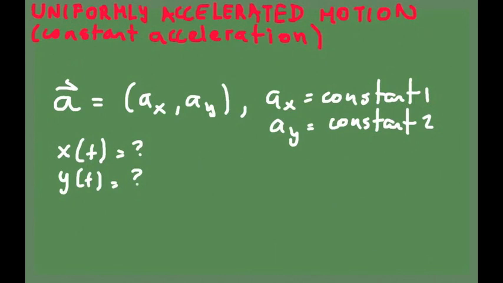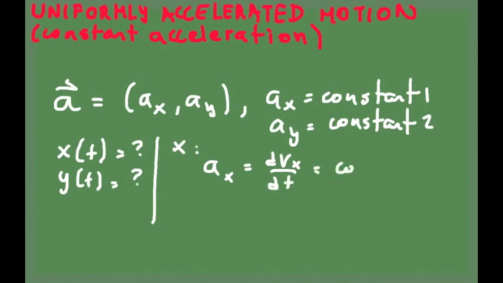They don't have to be the same constant. So the question is, if we know that the motion of the object is with constant acceleration in 2 dimensions, how do we figure out the position along the x-axis as a function of time and the position along the y-axis as a function of time? How do we go about finding these functions? We want to find out the trajectory of the object, just knowing that the acceleration is constant.